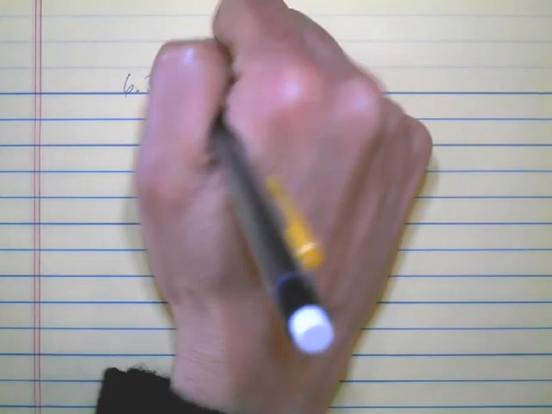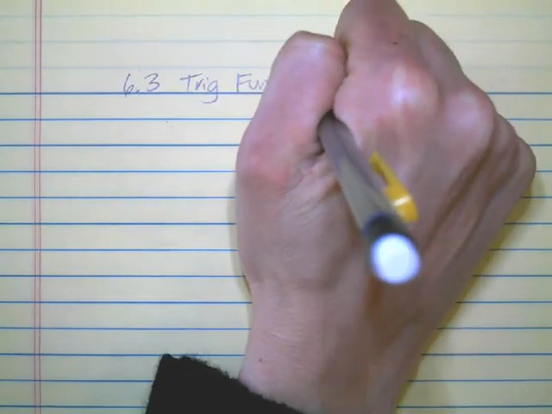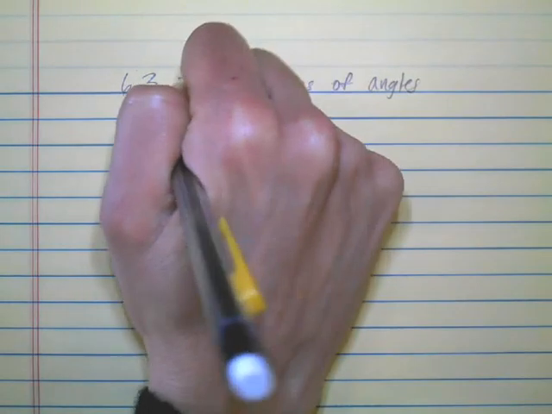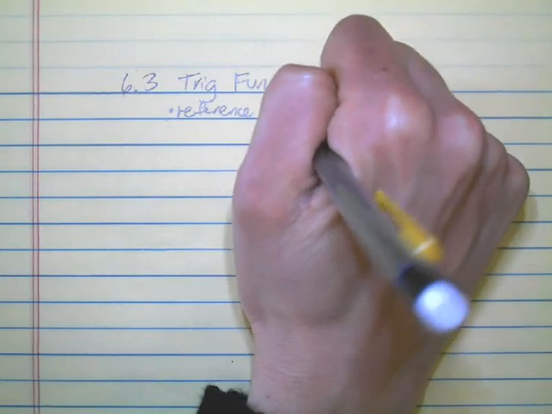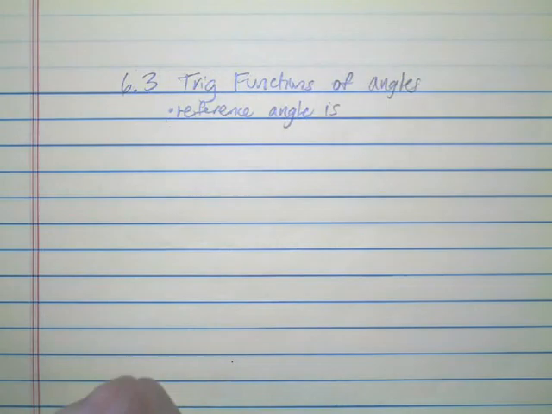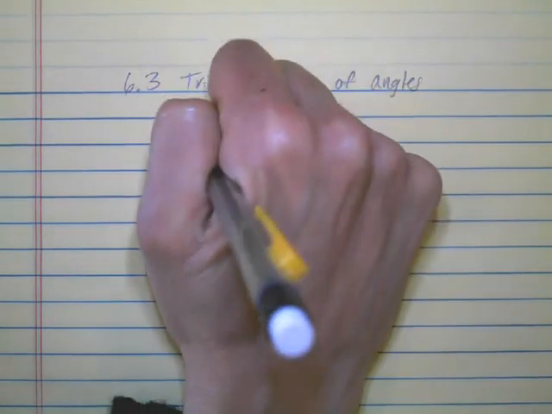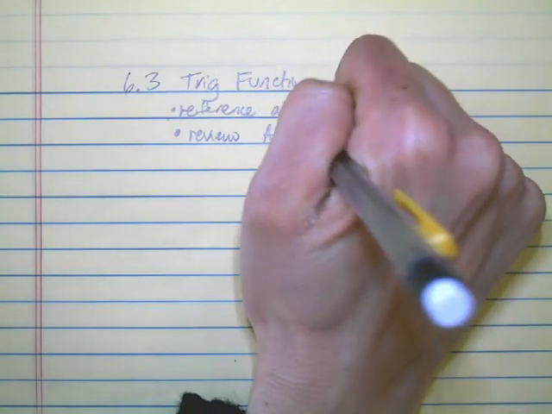So, today we're going to talk about trig functions of angles. We're going to review what a reference angle is, and then we're also going to review all students take calculus.